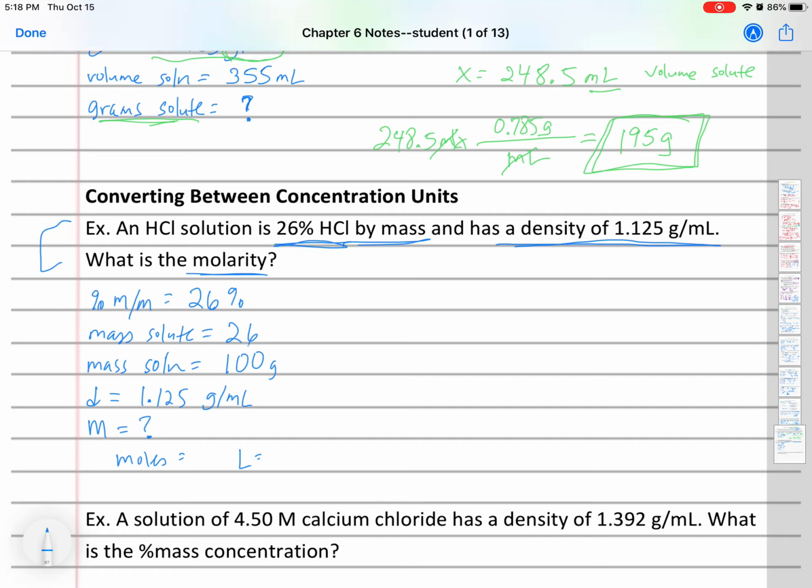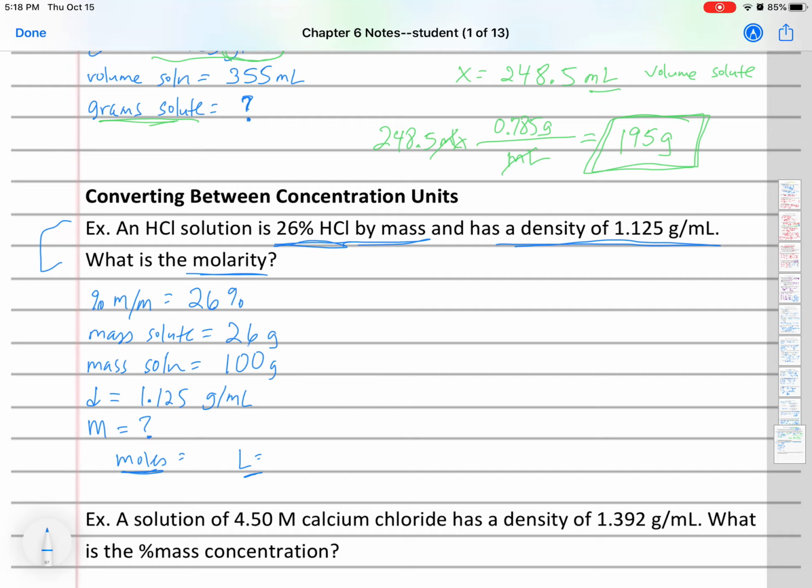If that's the case, then that means that if it's 26%, then 26 grams of that solution are the solute. So we can pick this sort of arbitrary amount. 100 grams is easy to work with, so that's why we pick that amount. Okay, so if we have 100 grams of solution and 26 grams of solute, we can now figure out the moles of solute and the liters of solution.